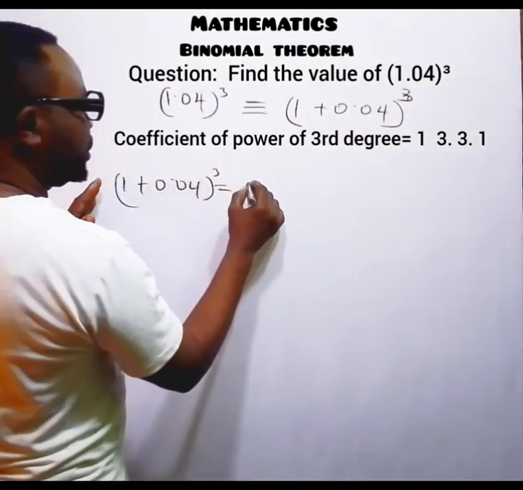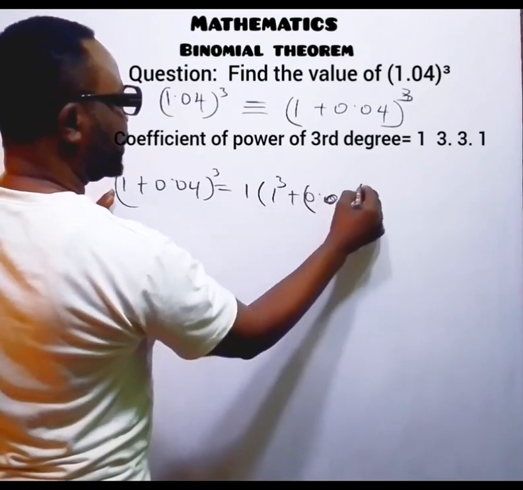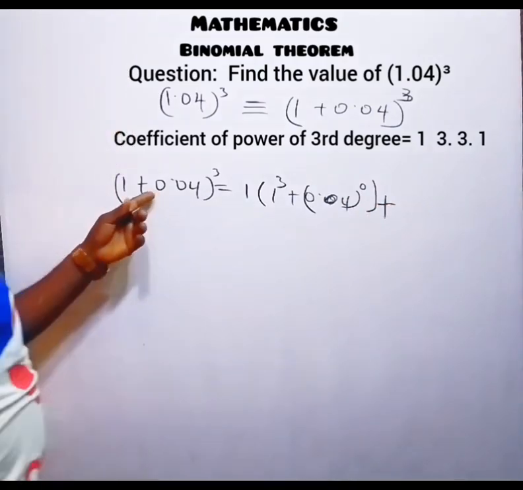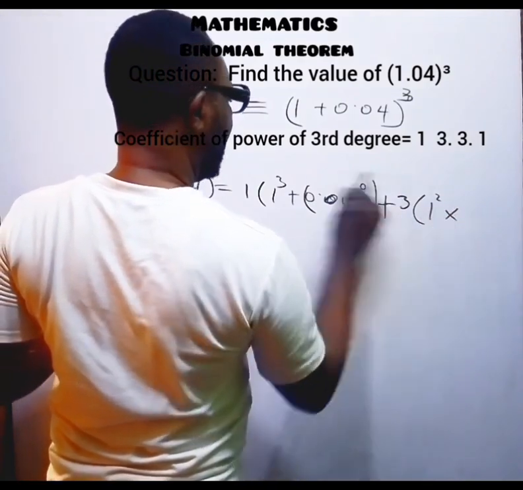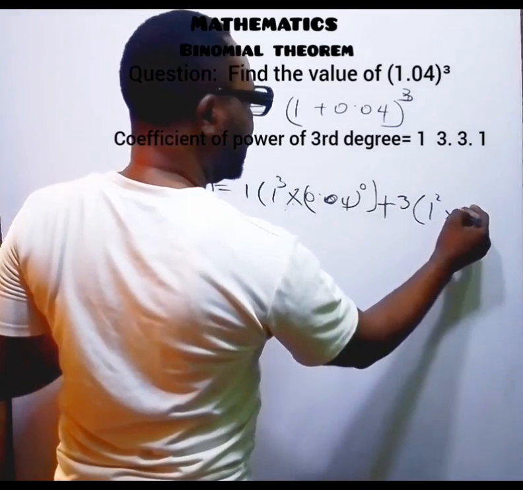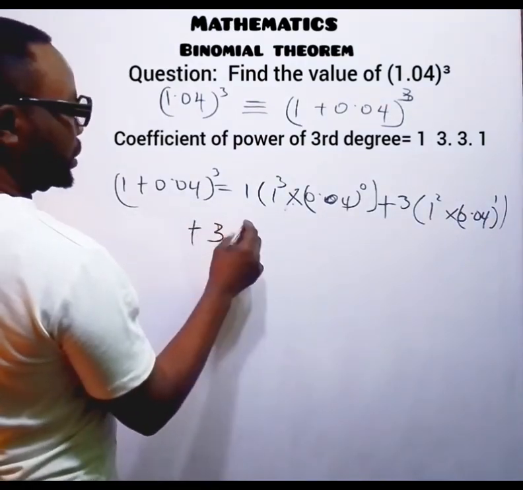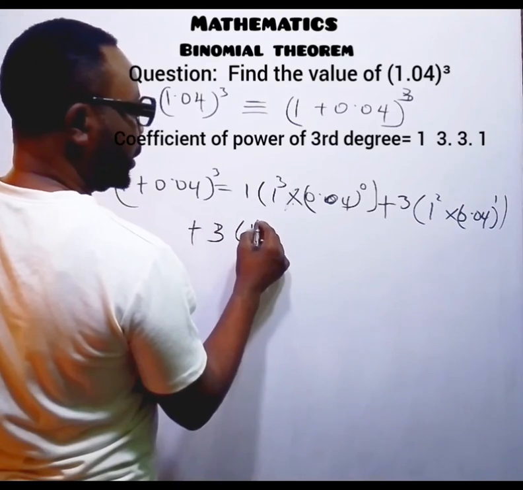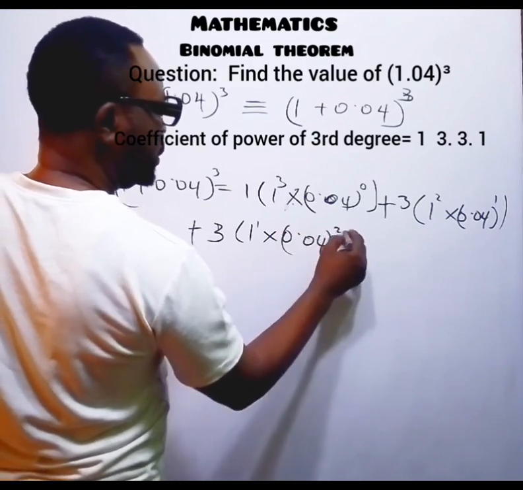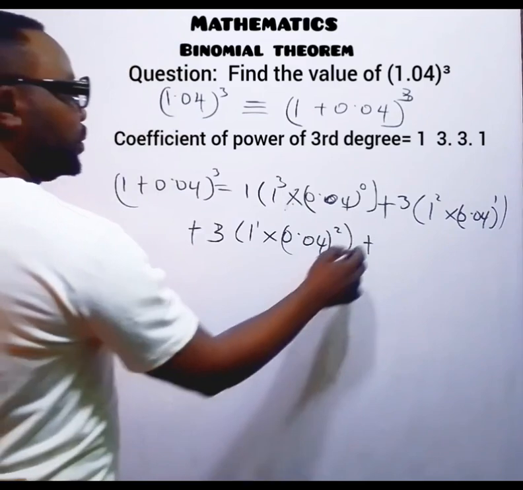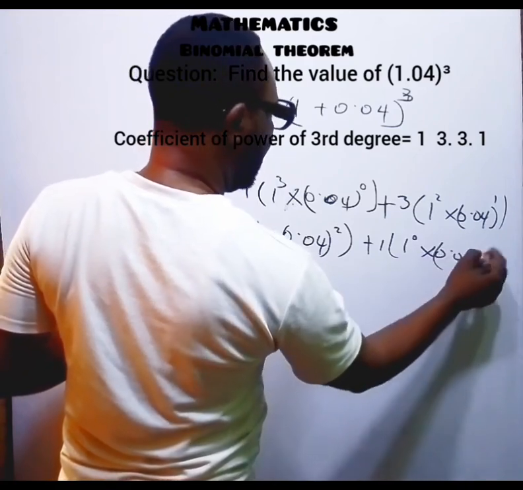The first term will be 1 into (1 raised to the power of 3) times 0.04 raised to the power of 0, plus the next term, 3 into (1 raised to the power of 2) multiplied by 0.04 raised to the power of 1, plus 3 into (1 raised to the power of 1) multiplied by 0.04 raised to the power of 2, plus 1 into (1 raised to the power of 0) multiplied by 0.04 raised to the power of 3.